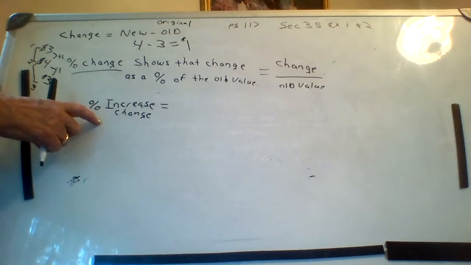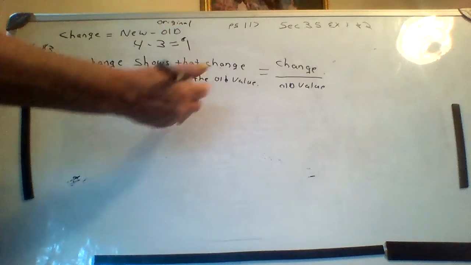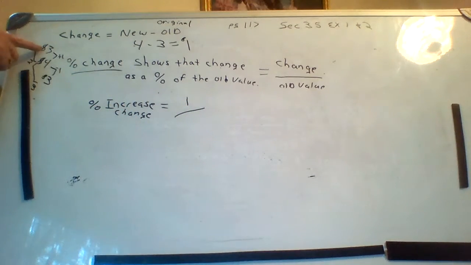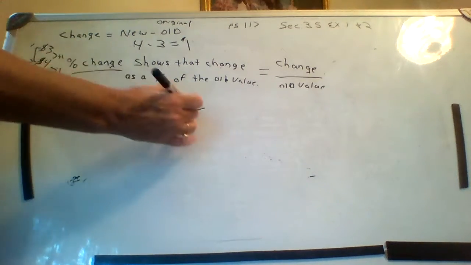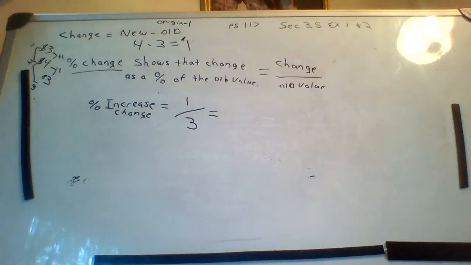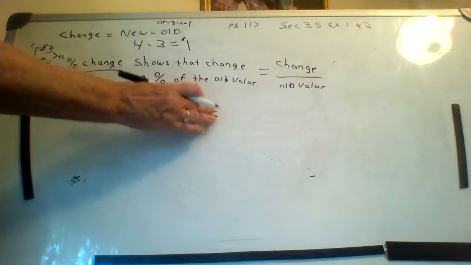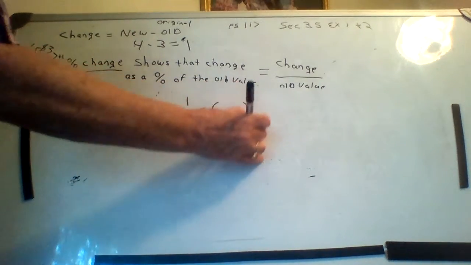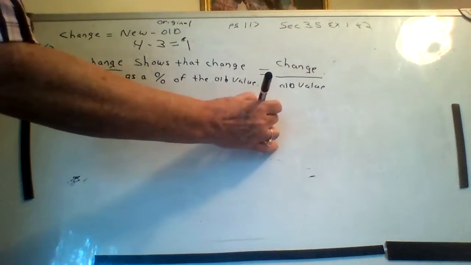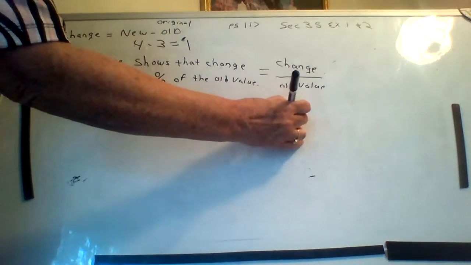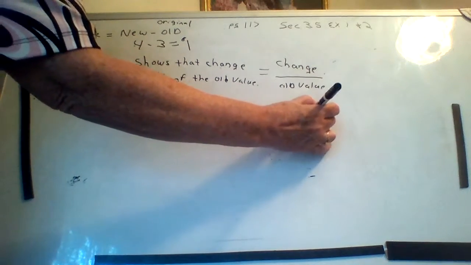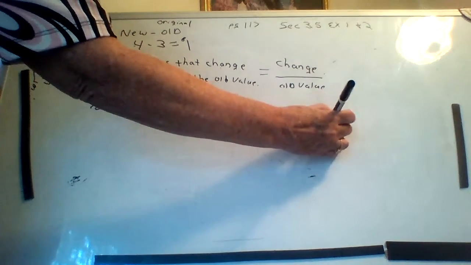So looking at our formula, what was our change? Our change was $1. Our original value, it went from 3 to 4, so we're going to write that over 3, right? And then we're going to go ahead and multiply that by 100%, which gives us 100 over 3, which gives us 33.3.